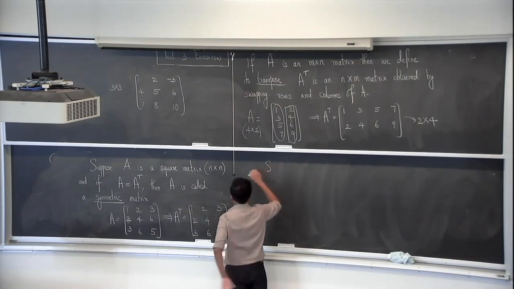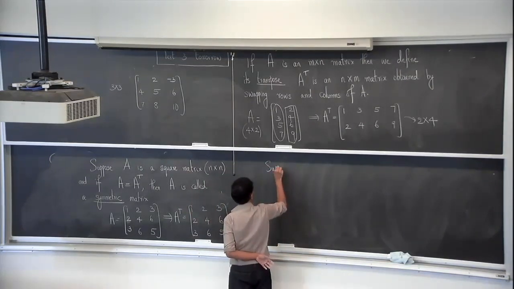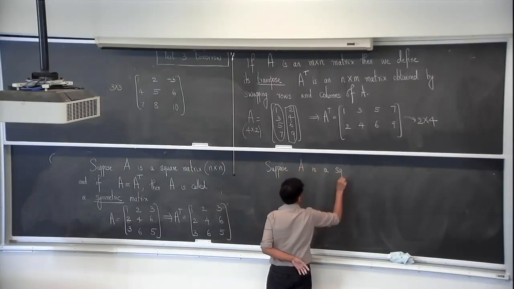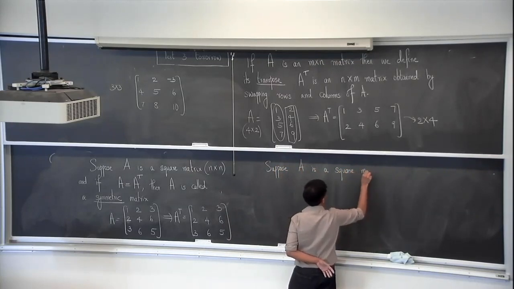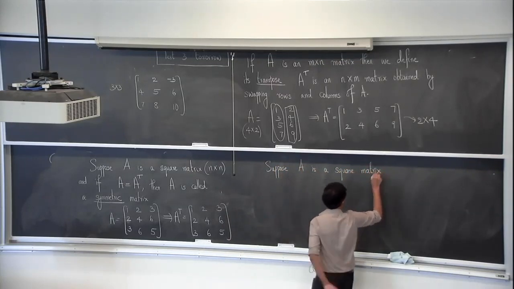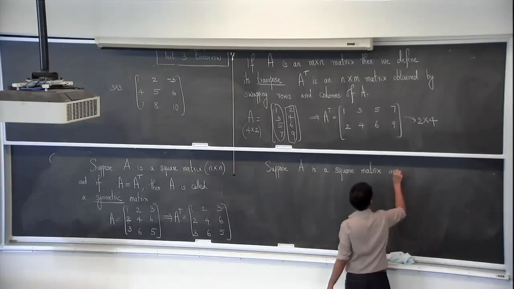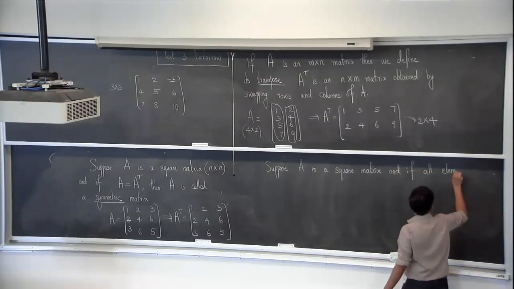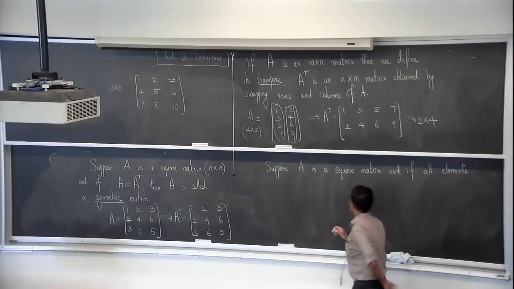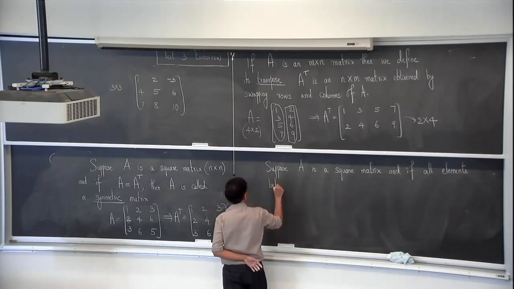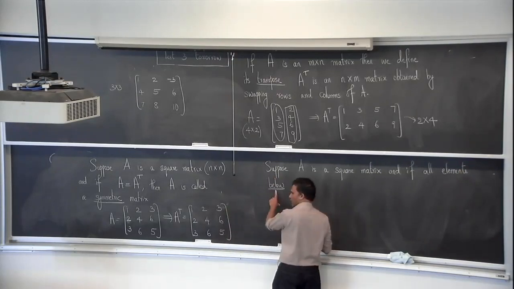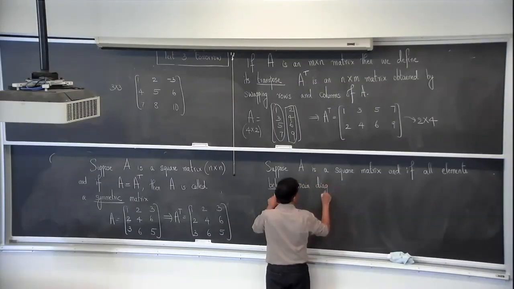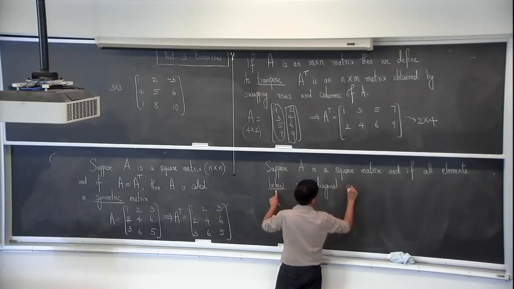Now, suppose A is a square matrix, and all the elements below the main diagonal, the keyword is below, are equal to 0.